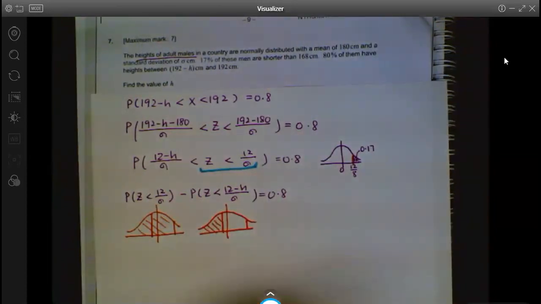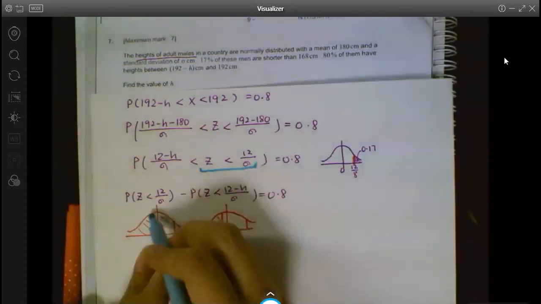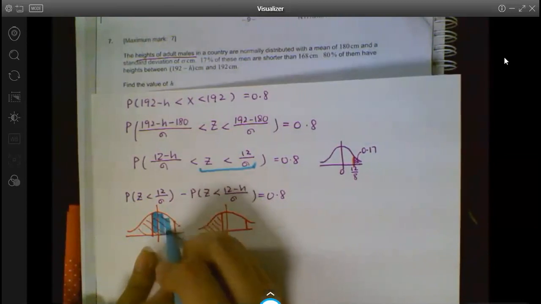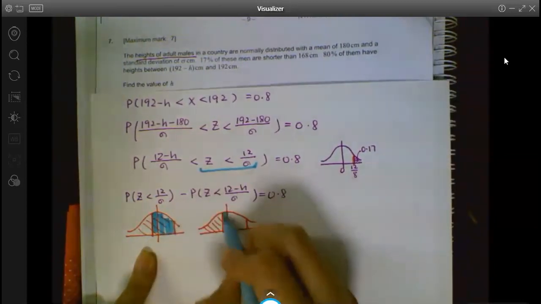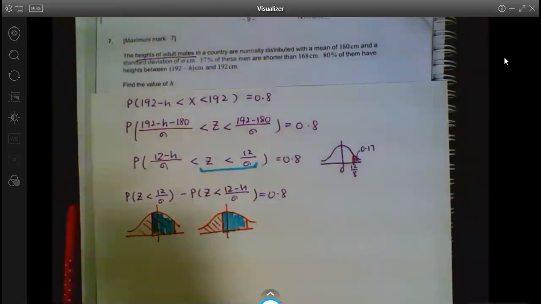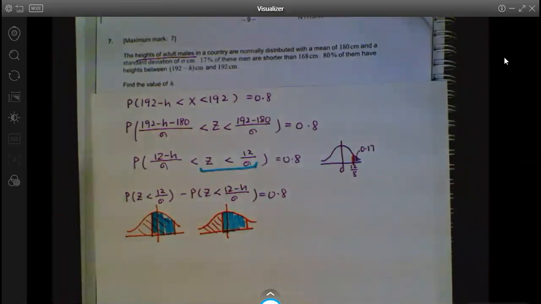Doing this, the bigger area minus the smaller area, we will then get this middle part.